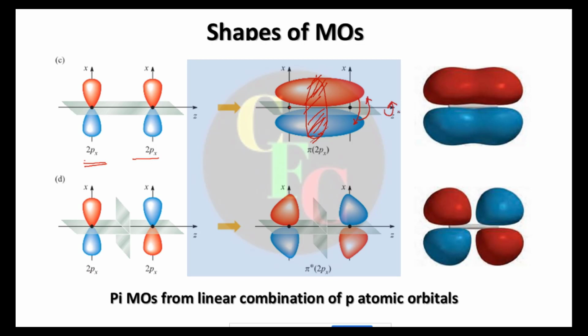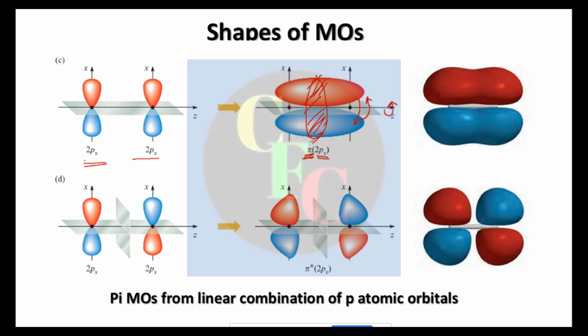That's why we do not call it sigma. If they change, we call it pi, right? We do not call it sigma anymore, right? And we designate it as π2px to show that this pi bond is formed by two atomic orbitals which are px. Now if they are out of phase and combined like this, they are almost the same as the individual atomic orbitals.